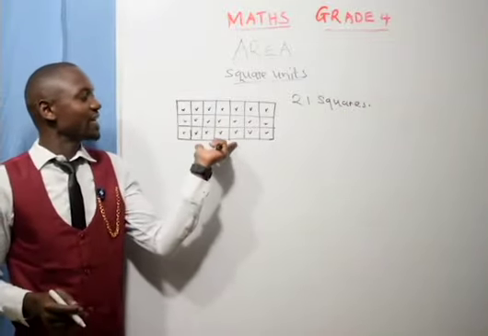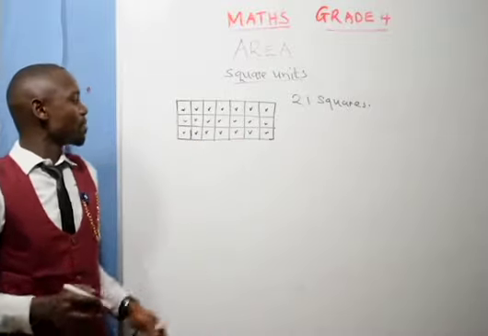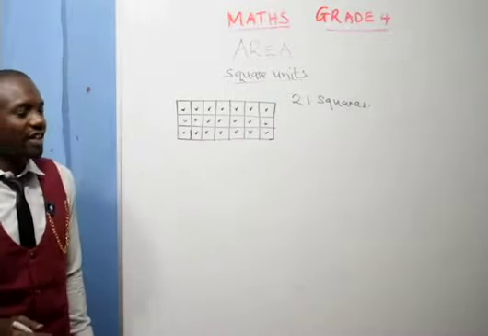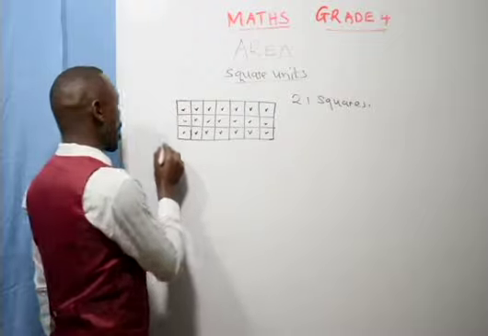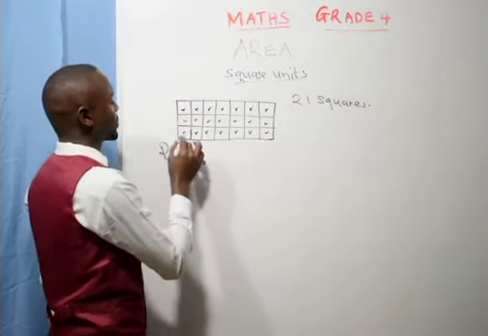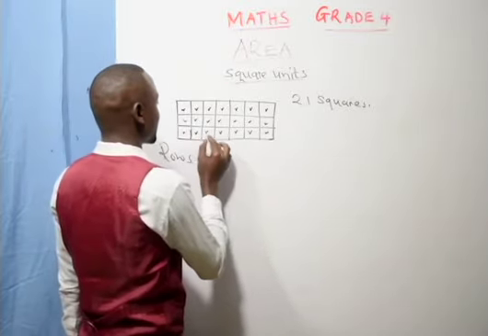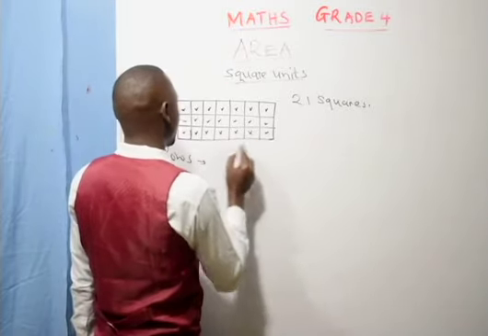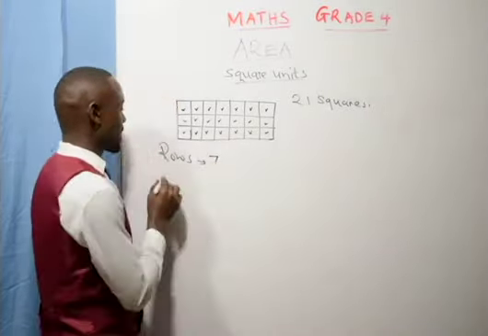How else can we get the number of squares in this figure? By multiplying the number of rows and the number of columns. So how many rows are there in this figure? Rows are these ones.